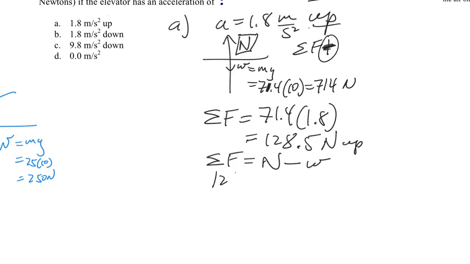So I got 128.5 equals normal force, the scale reading, minus the weight, which I did already, 714. Okay, I'm going to add 714 to both sides, isolate the unknown.